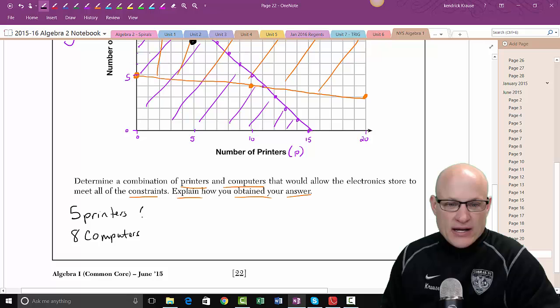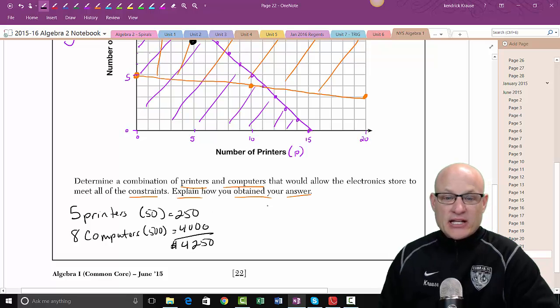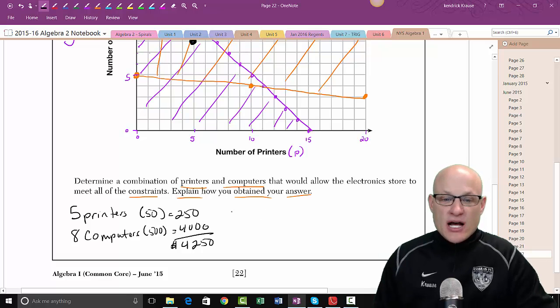I'm going to check it. 5 times 50 will be 250. 8 times 500 would be 4,000. So that would be $4,250. Now the question says, explain how you obtained your answer.